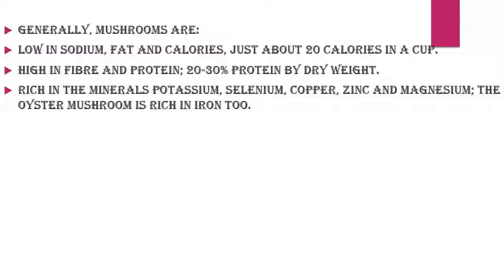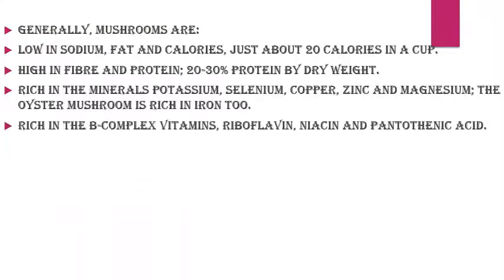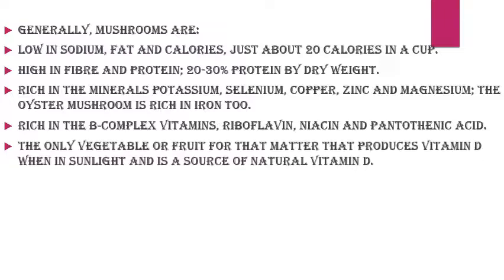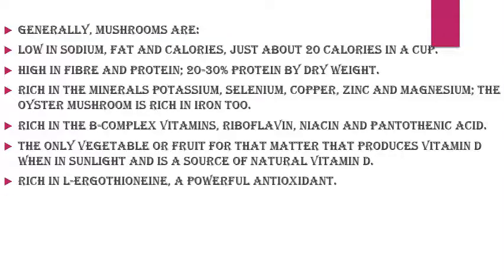The oyster mushroom is rich in iron too, rich in the B complex vitamins riboflavin, niacin, and pantothenic acid. This is the only vegetable or fruit, for that matter, that produces vitamin D when in sunlight, and it is a source of natural vitamin D.